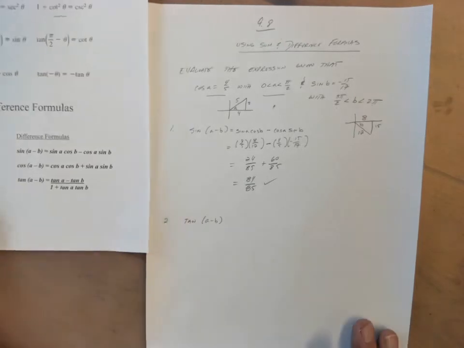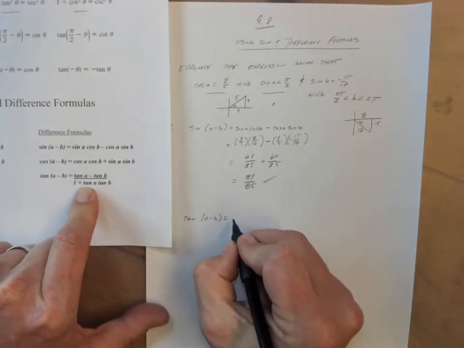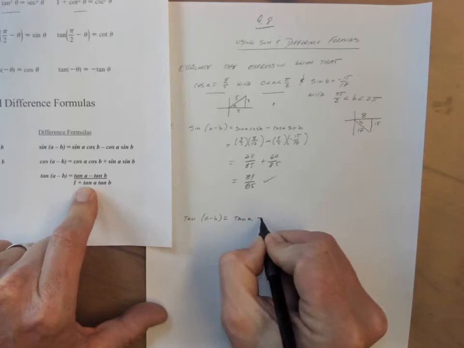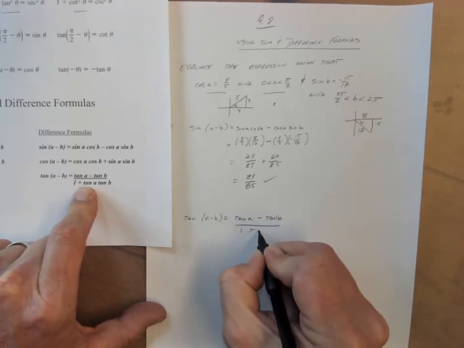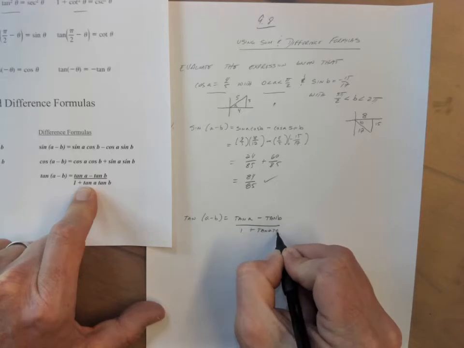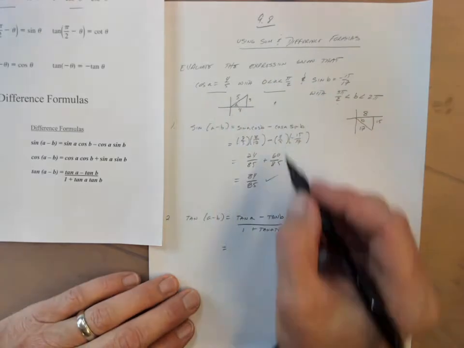Maybe a little cleaner and neater with that: 84 over 85. Okay, so now for tangent, we have tangent A minus tangent B over 1 plus the product of tangent A, tangent B. So again, we're using the same information.